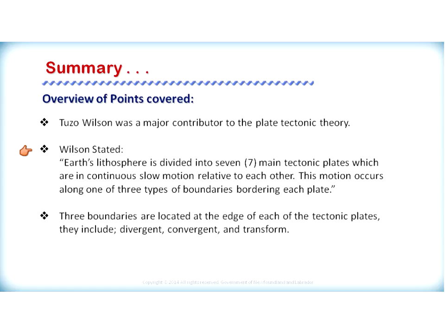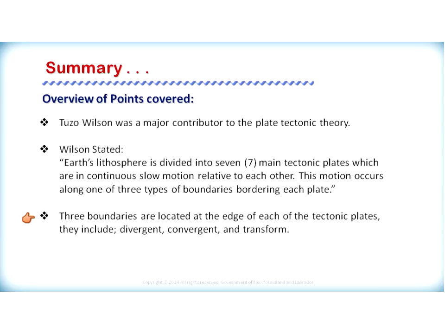The 3 different types of boundaries located at the edge of each tectonic plate include divergent boundaries, where tectonic plates move apart, caused by tension forces; convergent boundaries, where tectonic plates move toward one another, caused by compression forces; and transform boundaries, where tectonic plates slide past one another, caused by shear forces.